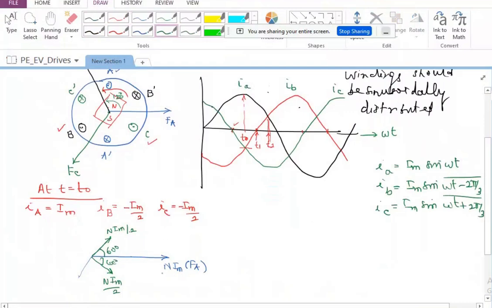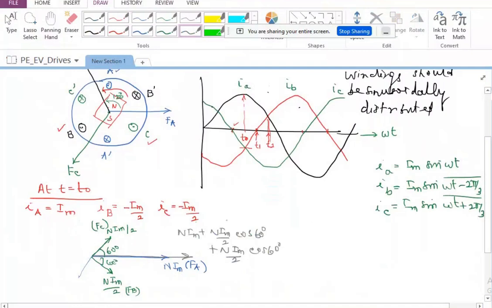When I vectorially add, so this is FC and this is going to be FB. When I add them vectorially, I am going to have NIM plus NIM divided by 2 cos 60 plus NIM divided by 2 cos 60. This is what is going to be the resultant, which is coming along this direction itself. And cos 60 is half.